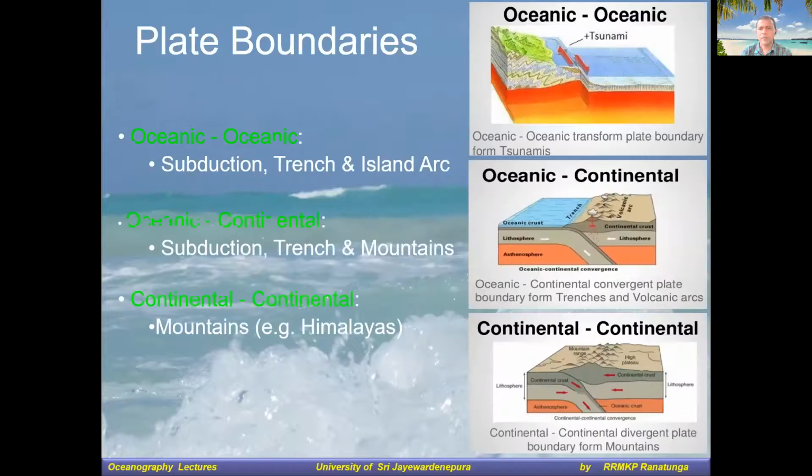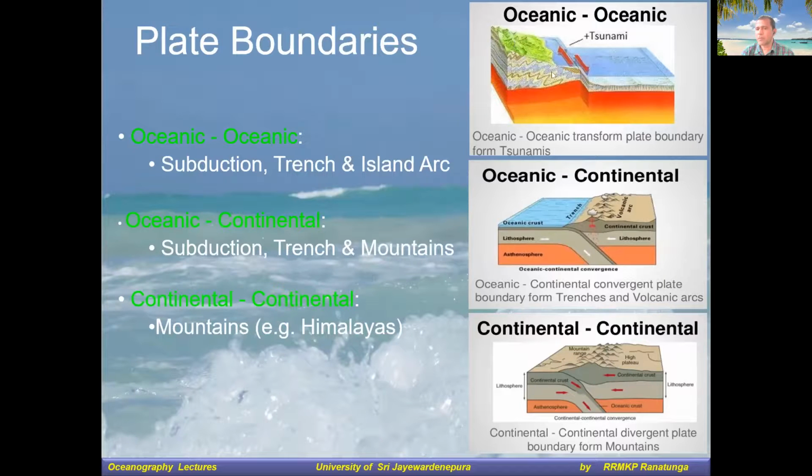Okay, so these are the three incidents again, the oceanic and different continental margins. What would happen all depends on what is happening in the continental margin, whether they are coming closer, going apart, or going side by side.